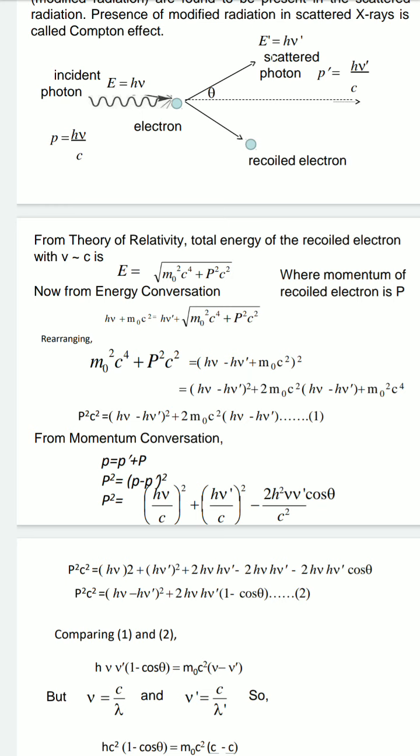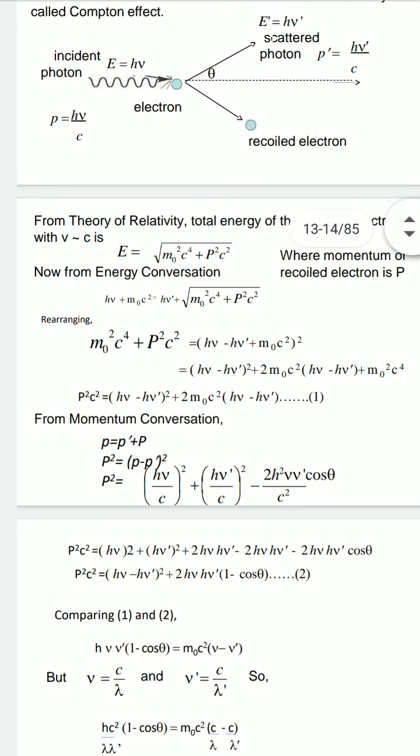Now we have the energy of the recoiled electron after scattering, and let us now consider the energy of the incident photon. Before scattering, what is the total energy of the full system? The incident photon's energy and the resting electron's energy. The electron is at rest, so it has only rest mass energy.